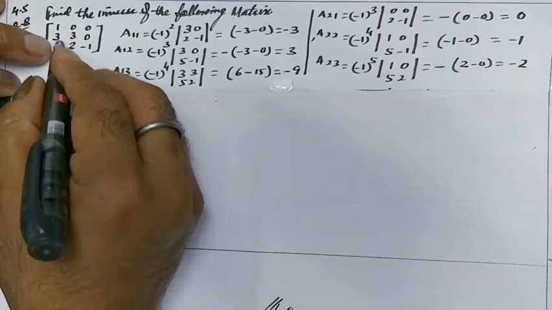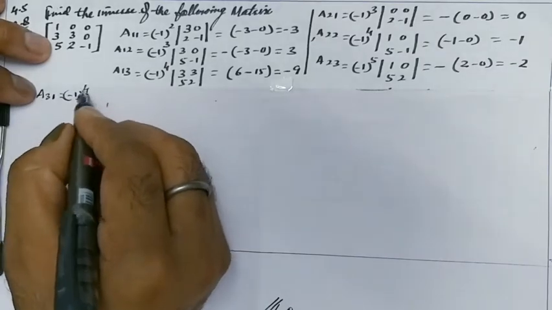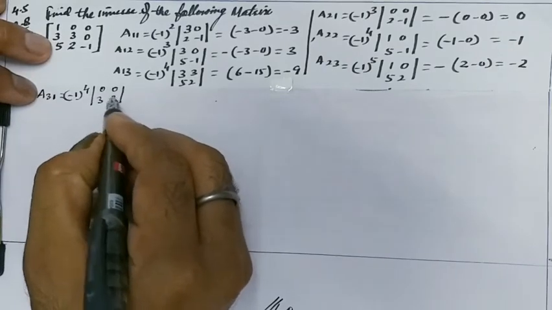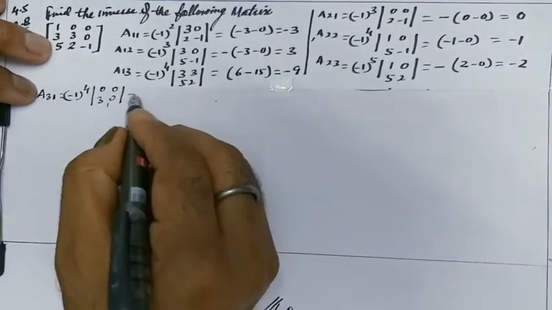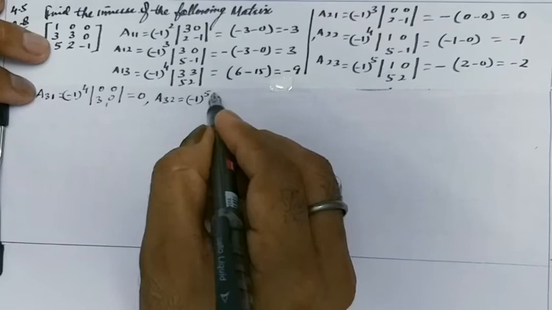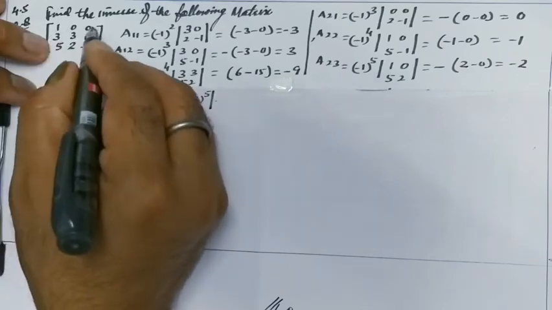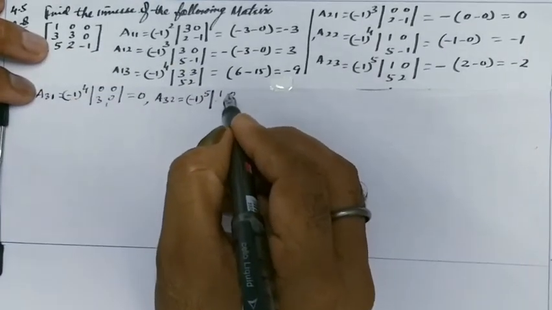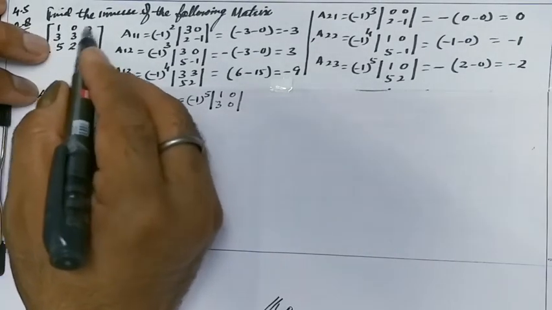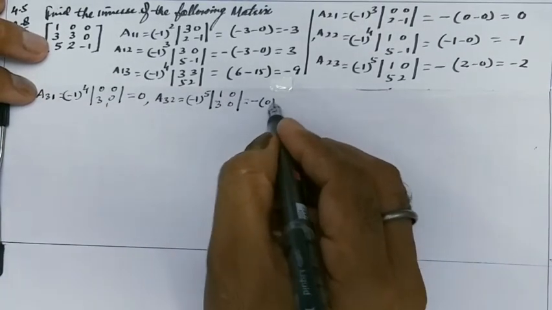In a31, leaving this way, it is equal to minus 1 to the power 4, and the subdeterminant, leaving this way, 0 0 and 3 0, so overall 0. a32 is equal to minus 1 to the power 5, and the subdeterminant, leaving this way, 1 0 and 3 0, which will be equal to minus times 0 minus 0, which is equal to 0.